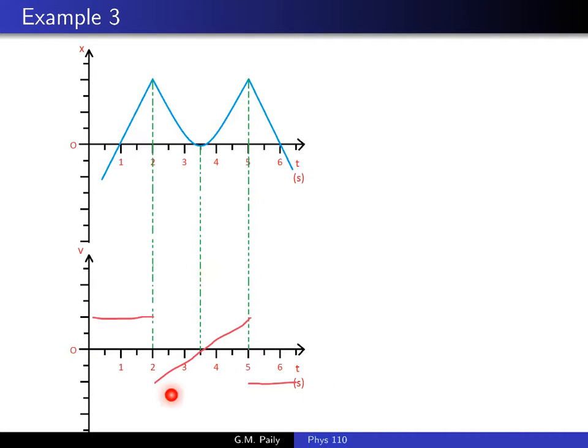And so this v versus t graph is what corresponds to this x versus t graph. The graph for v versus t does not need to be continuous, even if the x versus t graph is continuous. However, notice that these discontinuities, these jumps, correspond to where there are kinks or sudden changes in slope in the x versus t graph.